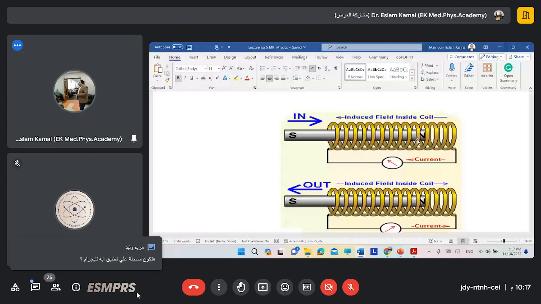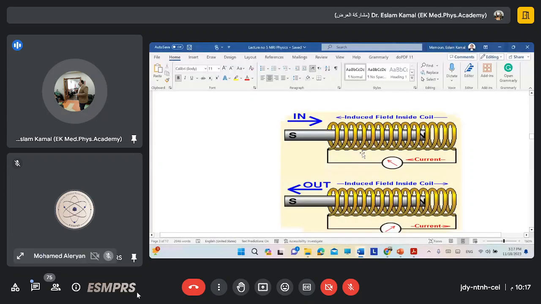So now, if we have a number of protons which initiate magnetic force added to the external magnetic field, and we put the patient inside a certain coil, we can induce an electric signal. But now you have to ask yourself, the induced electric signal comes from the external magnetic field and the protons inside the patient.